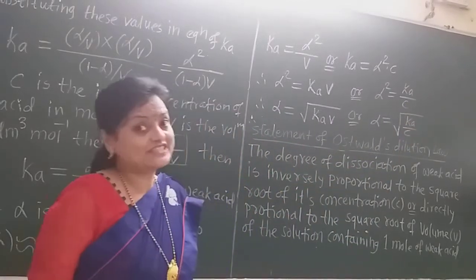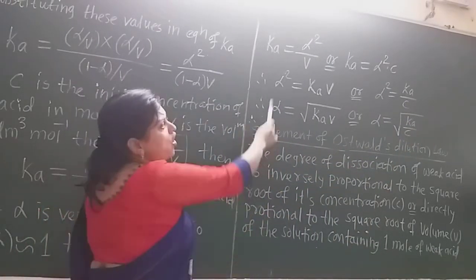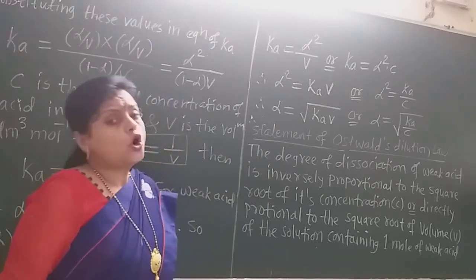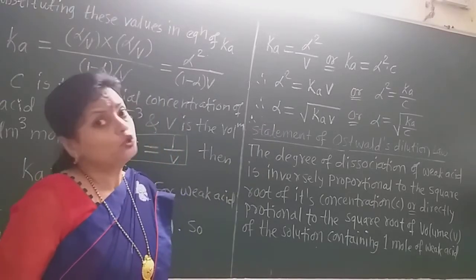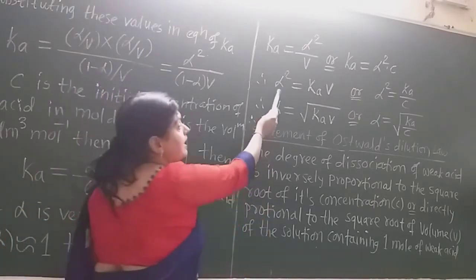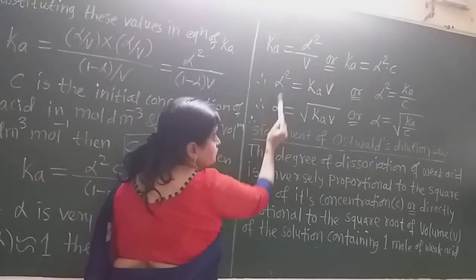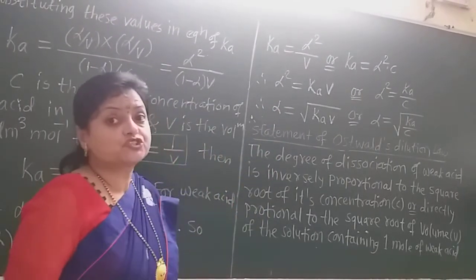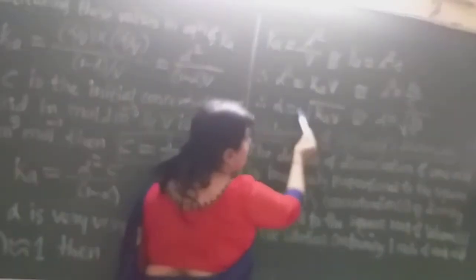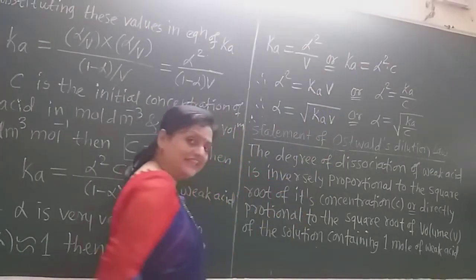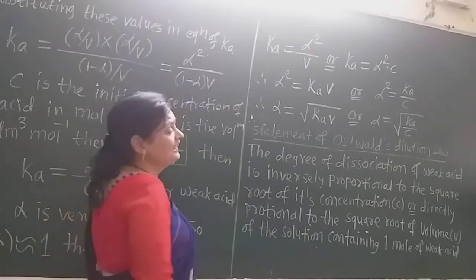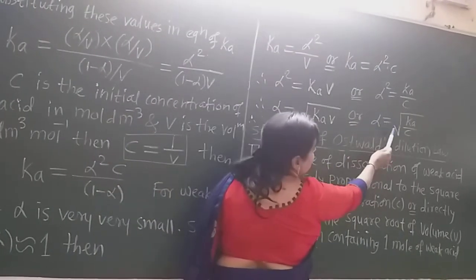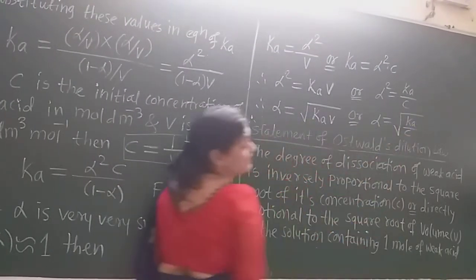We can write it in this way also. Now we want only alpha, so on taking the square root on both sides, alpha square becomes alpha. So alpha is equal to under root of K into V. Similarly, alpha is equal to under root of K divided by C.